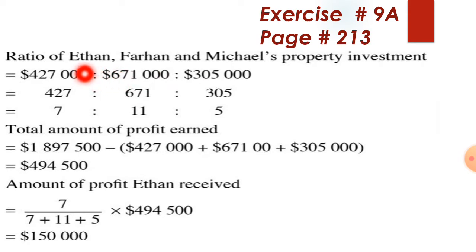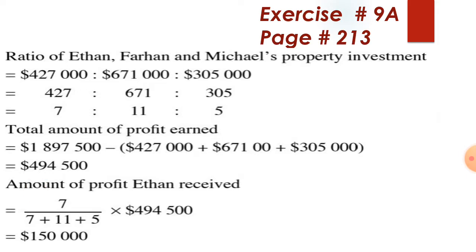Now we have to give each of them their shares. First of all, we are going to give Ethan his share. The amount of the profit Ethan received is 7 over 7 plus 11 plus 5. From where has this 7 come? This 7 was his share, which was too big, and we simplified it to 7. In the denominator we add the three shares: 7 plus 11 plus 5.